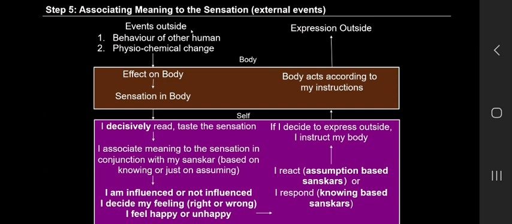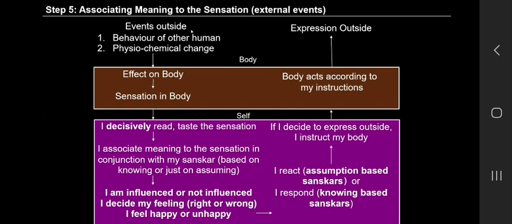So that's why in exercise 1, we focused on purifying our sanskar. We practiced to observe our sanskar. And we tried to be in a state of pure observer in exercise 1.